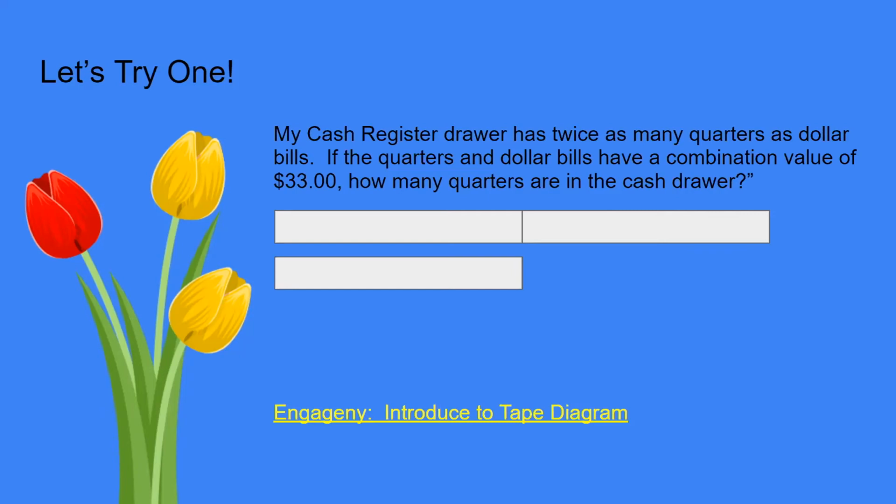Now we've come up with this formula, but before we get to the formula, let's talk about what we need to do. I can think rationally and say if this is 1, this is going to be 2, right? If this is 2, this is going to be 4, twice as much. If this is 5, this is going to be 10.